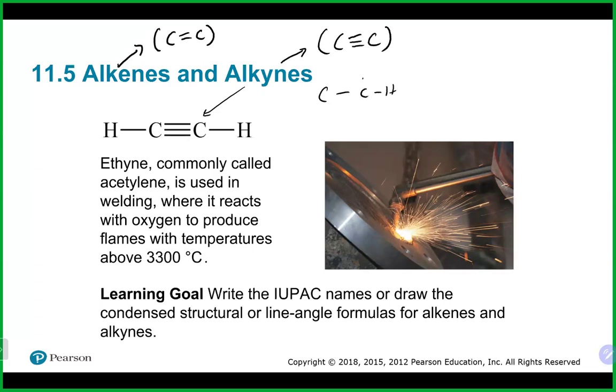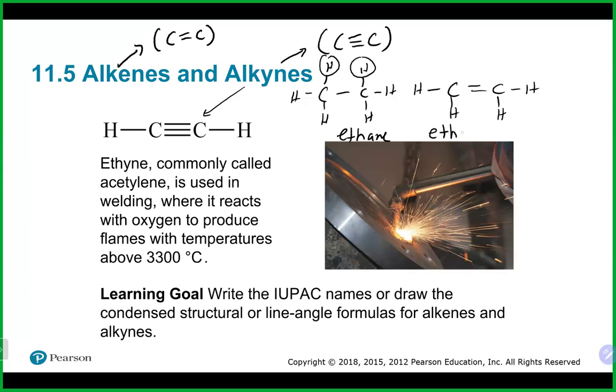So again, if we started with our single bonded alkane that has two carbons, once again, this is ethane. To put on our double bond, we would have to lose two hydrogens, one from each carbon. Basically these two. And as we might have touched upon before, they're named based on that ethane.